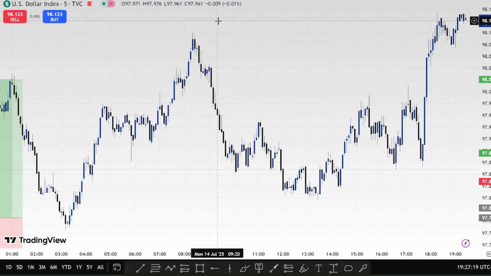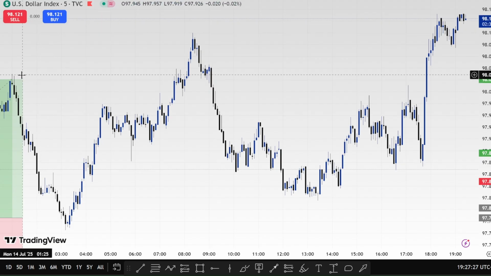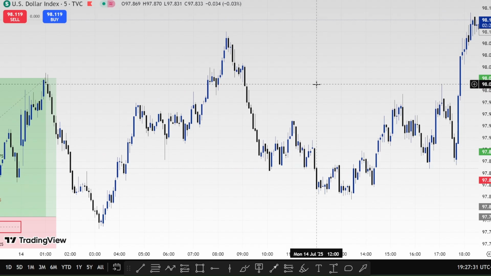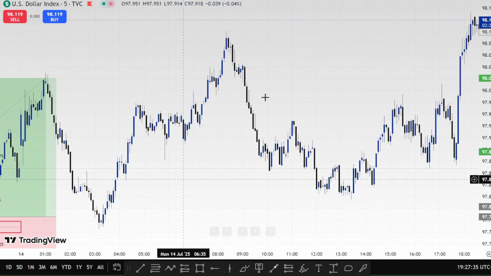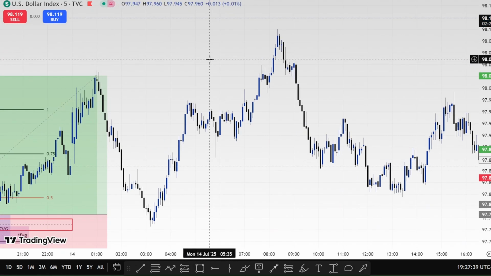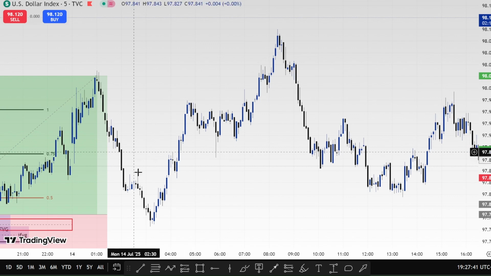When I look for my dealing range, I look for old highs and old lows. I start by looking for my old high and then my old low, or my old low and then old high. I look for my old high from this point.